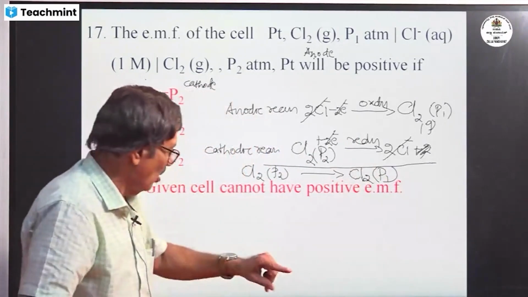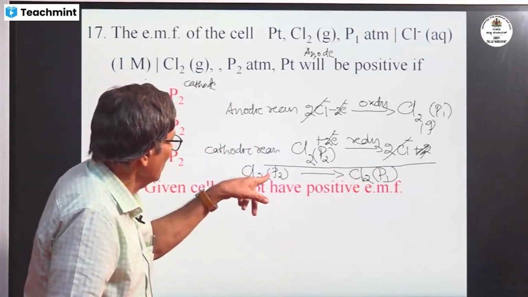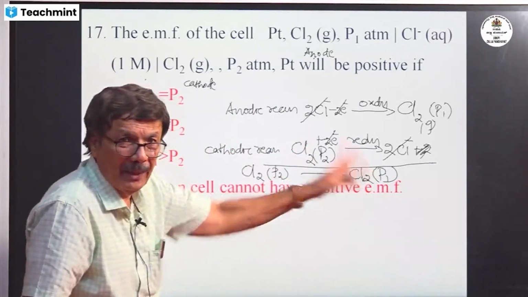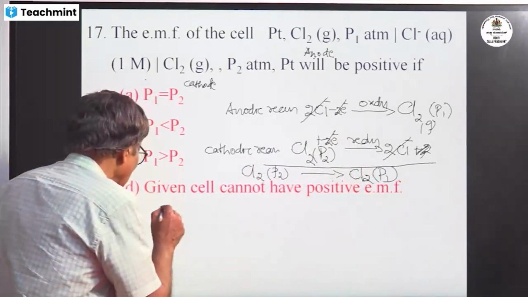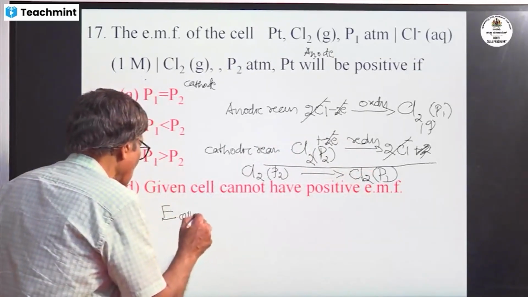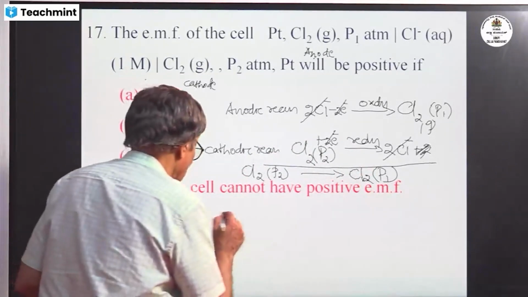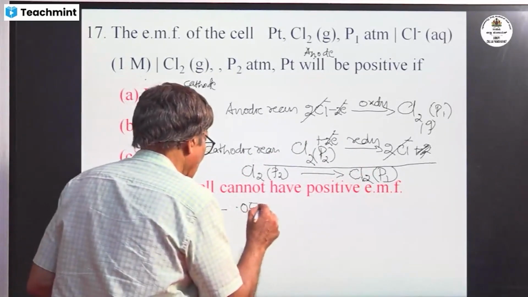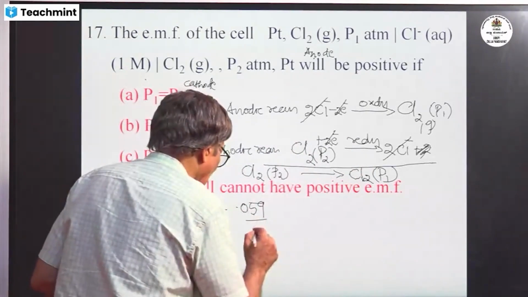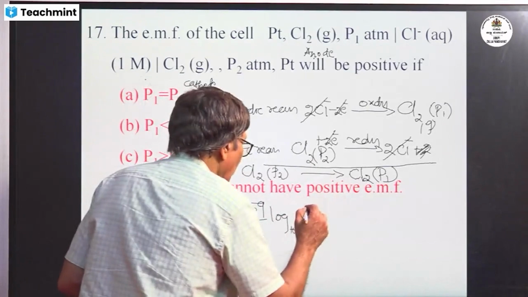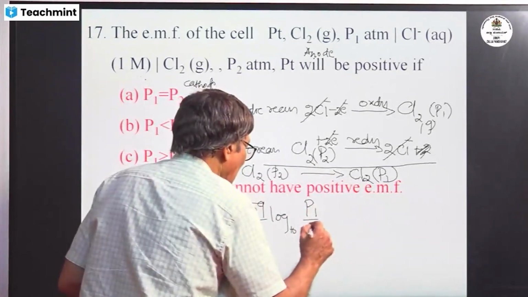For this, E cell is equal to E naught of the cell, which is 0, minus 0.059 by 2 log to the base 10 of P1 by P2.